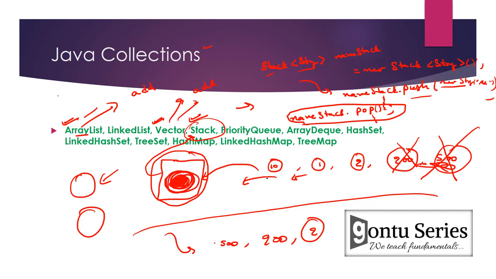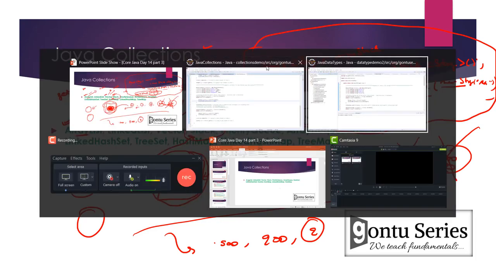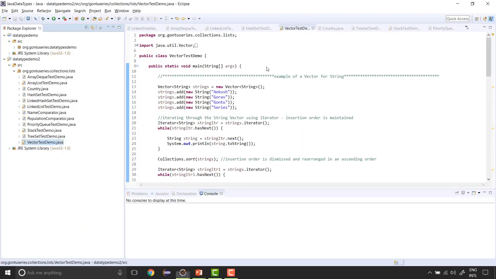You were retrieving any element using get function, right? So here you are going to get using pop function. Okay, so this is the only difference between a stack and ArrayList and vector. Okay, cool. So let me show you this working.